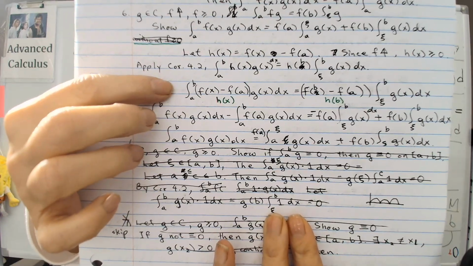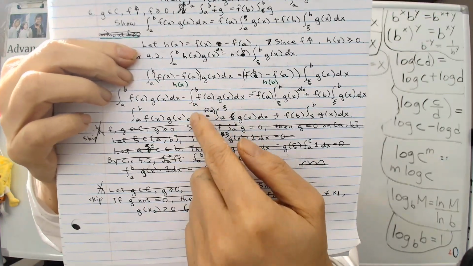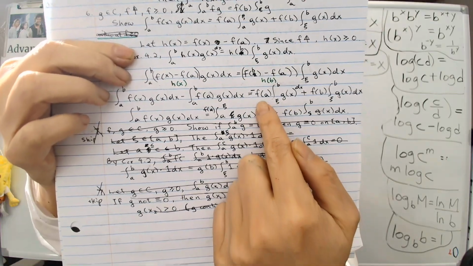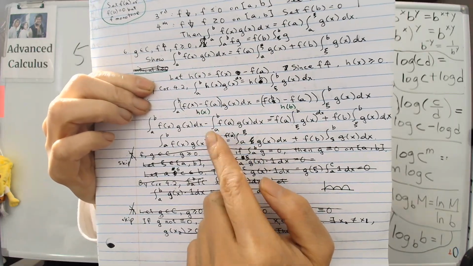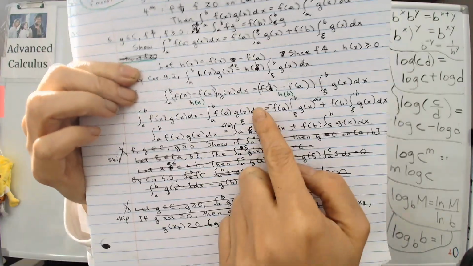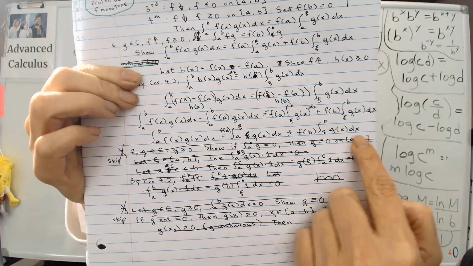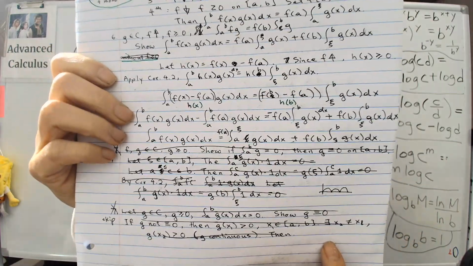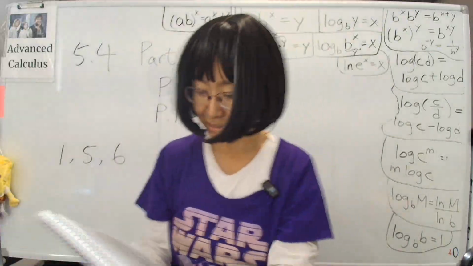So then we can pull the f of a out of the integral, and this thing put on the other side becomes positive, and then subtracted by that, which is the same thing except for the limits. So we are doing from a to b minus psi to b, so we end up with a to psi, and otherwise everything would look exactly like corollary 4.1 that we are trying to prove. This is a psi here. Anyway, everything checks out if you look at it carefully. It's good enough.